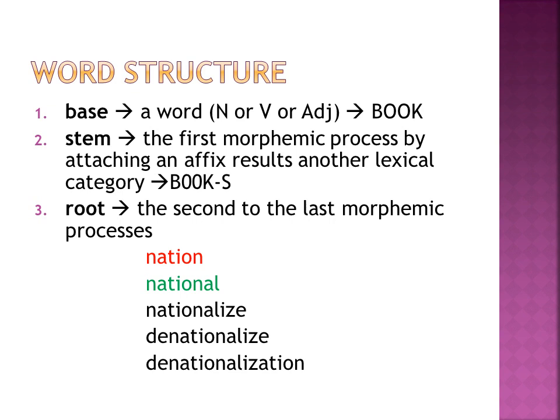This one is stems. Stem from the base. Book becomes books. So the first process of the original word consisting of noun or verb or adjective is called stem. That is the difference between base and stem.